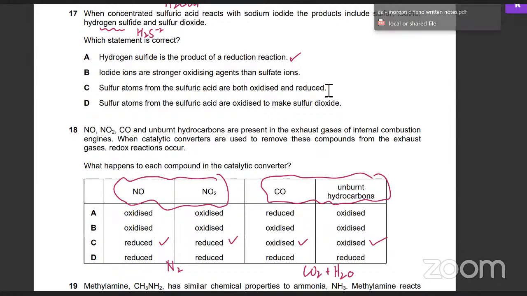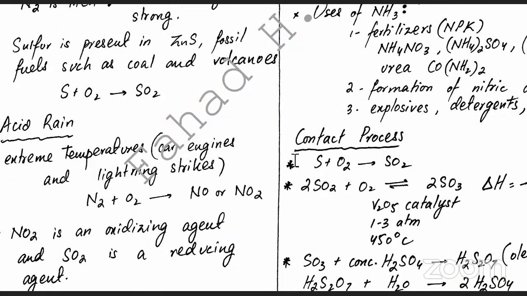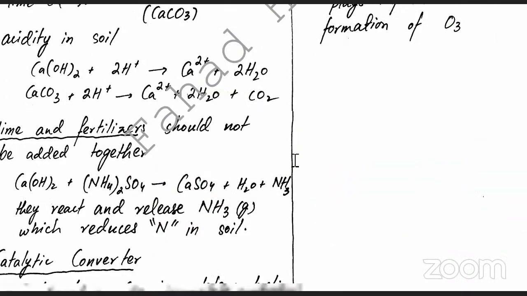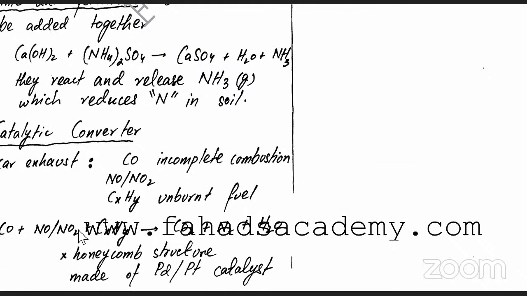Okay? Again, this is inorganic chemistry, nitrogen and sulfur. Where's catalytic converter? It's somewhere over here. I mean this part. Carbon monoxide and hydrocarbons get oxidized, they turn into carbon dioxide and H2O. Okay.